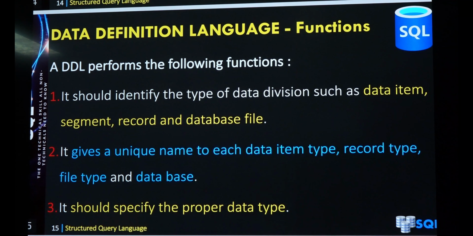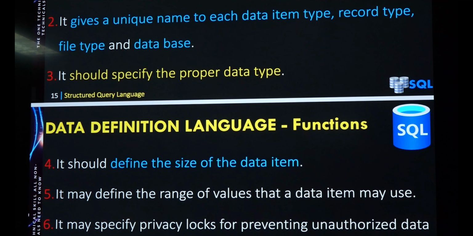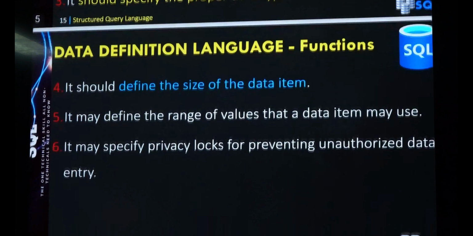It should specify the proper data type. Next, it should define the size of the data item. It may define the range of values that a data item may use. It may specify privacy locks for preventing unauthorized data entry.